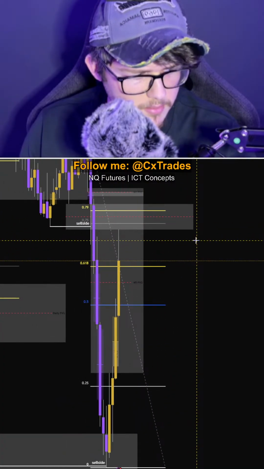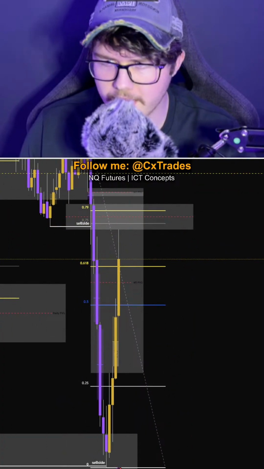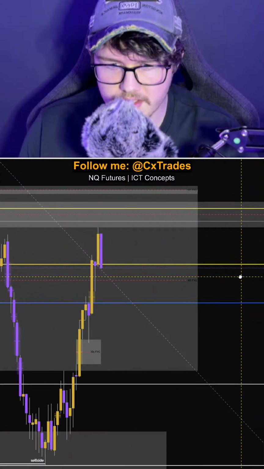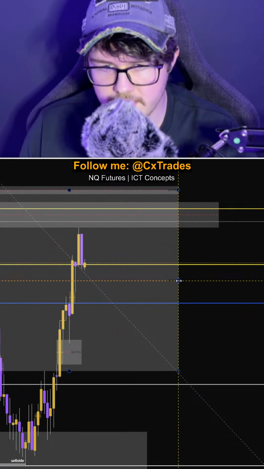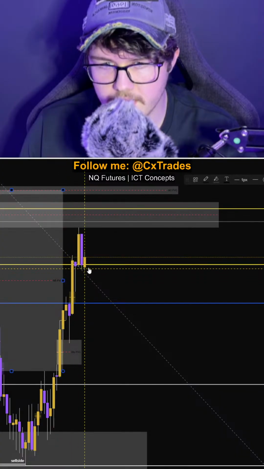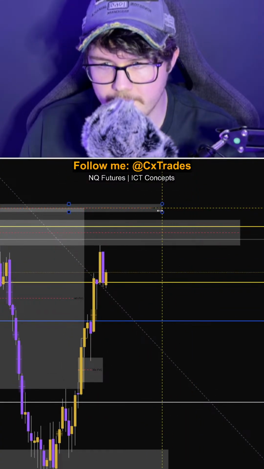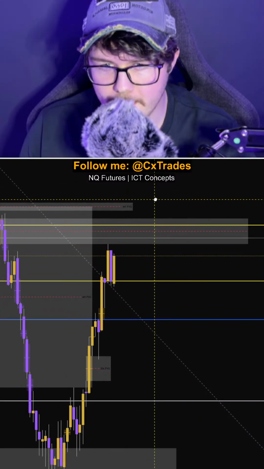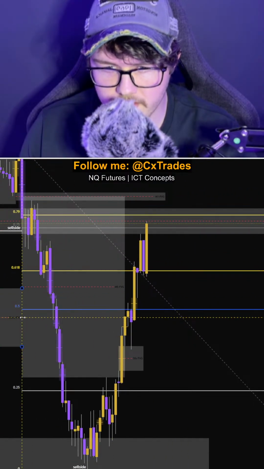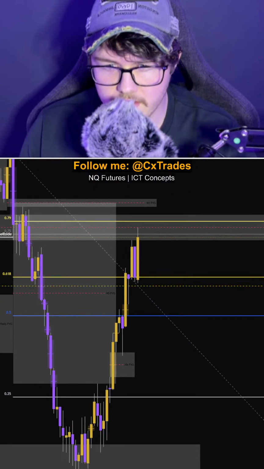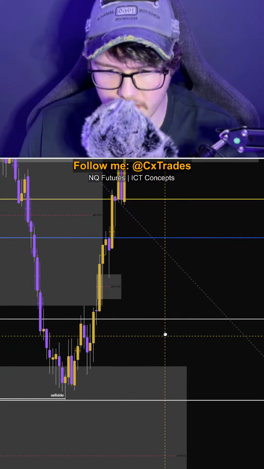I know the chart looks a little bit messy. In a minute I'll not be like this. So many imbalances, it's difficult. I like to only keep the ones of reference. Loads of boxes all over the chart.